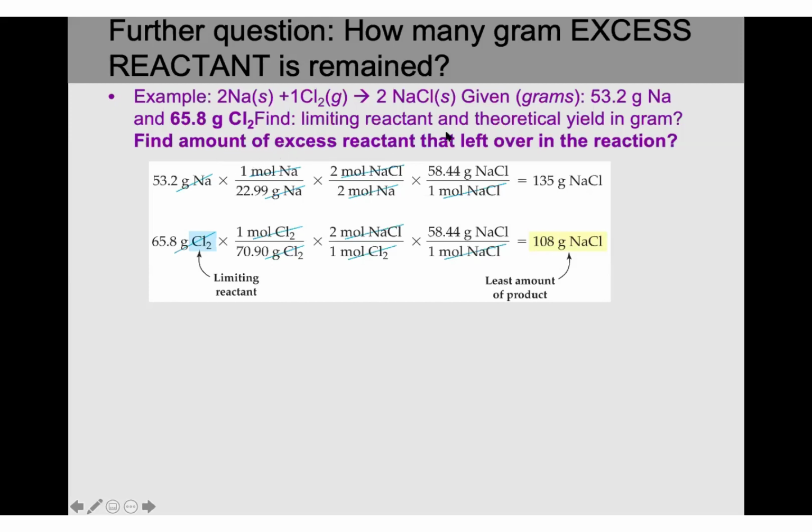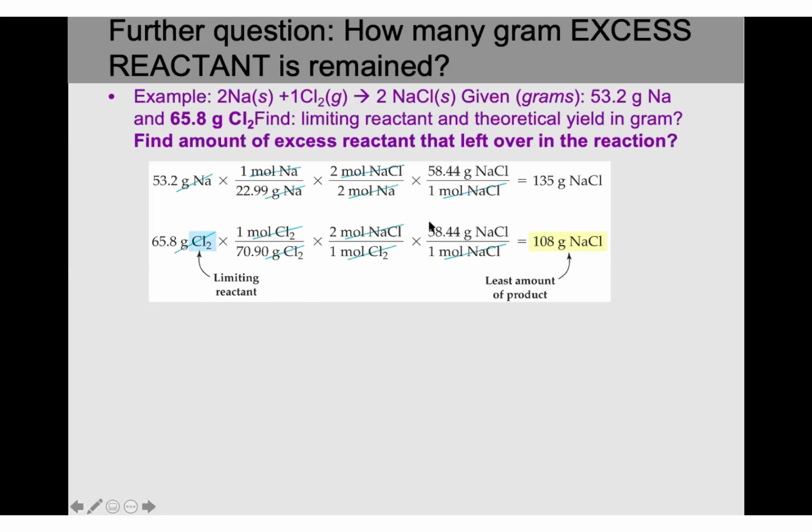Here they specifically told you to put it in grams, so for sure we should convert to grams at the end. But even if they don't ask you for grams, they just say limiting reactant and theoretical yield, you do not need to find the gram of it. You know what I mean?